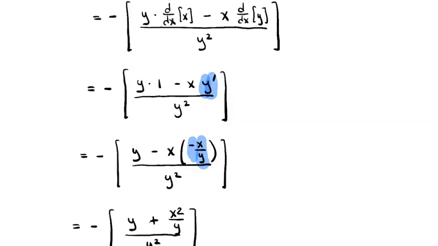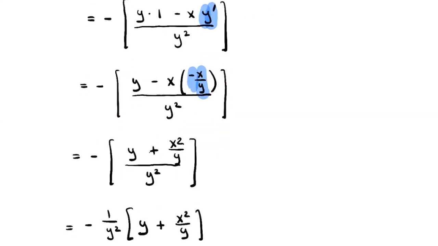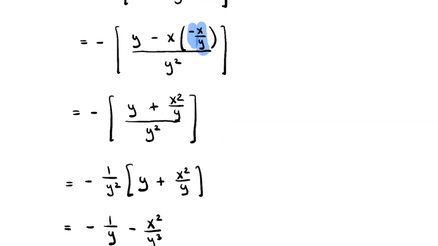And then the rest of this computation is just some algebra. Maybe I can just be quiet and let you enjoy it here. But all I did is, I did minus a minus is plus in that step. So I have plus x squared over y. And then what did I do? I just rewrote the division by y squared as multiplication by a reciprocal. So here's my y plus x squared over y.